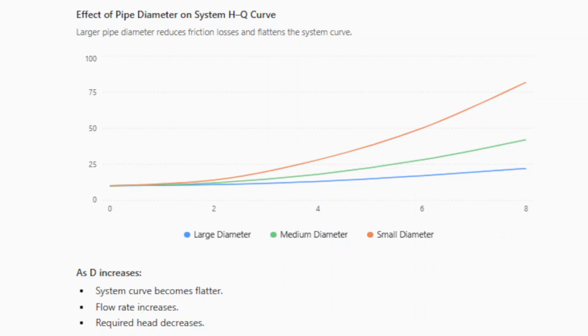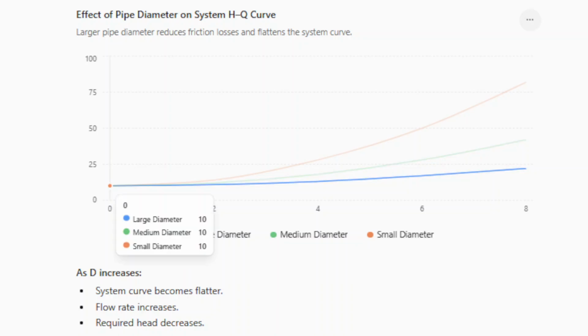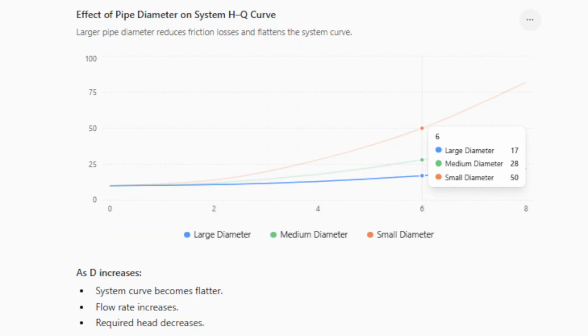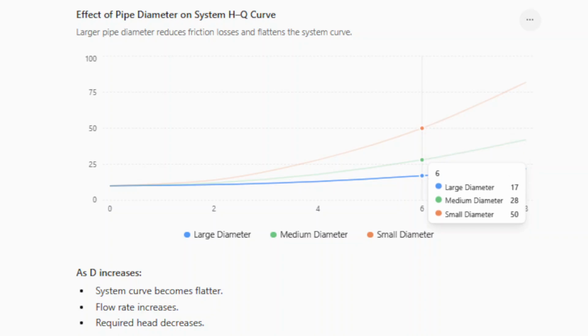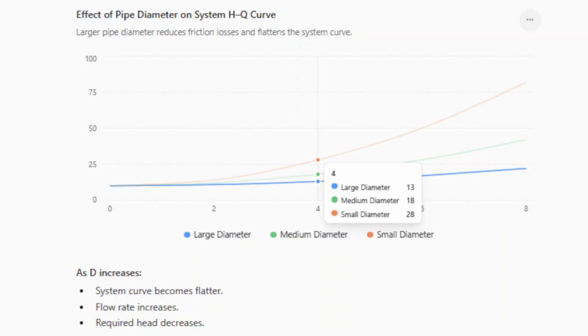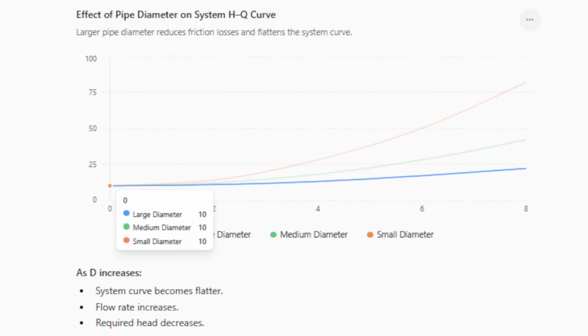In this graph, the x-axis represents the flow rate, Q, and the y-axis represents the system head, H. The graph shows three system curves corresponding to large, medium, and small pipe diameters. Notice that all three curves start from the same point. This is because the static head remains constant. The only parameter changing is the pipe diameter.